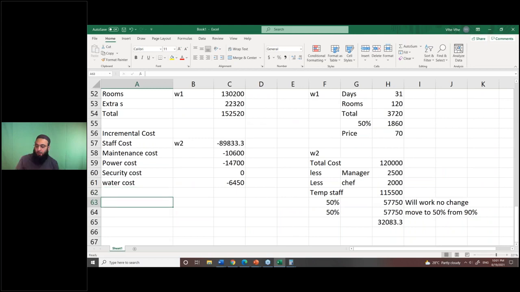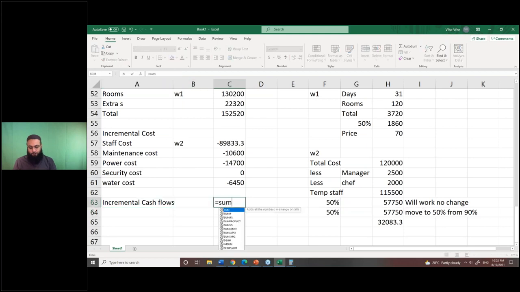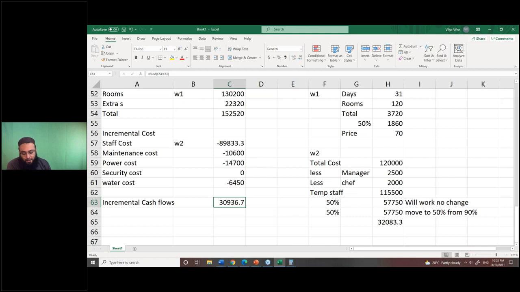Let's work out the final incremental positive cash flows. It's 30937, which means that it's a positive number.